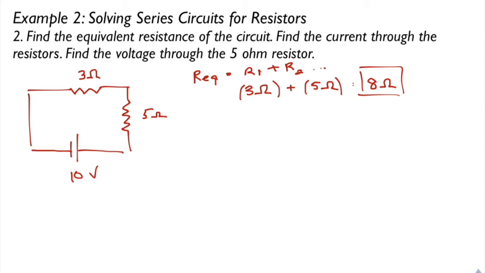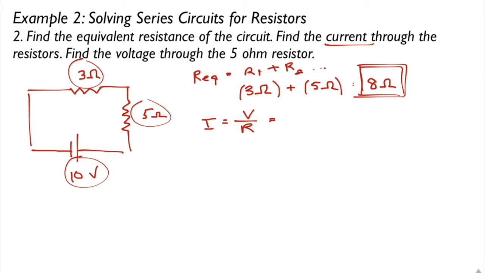So now if we want to find the current through the resistors, I know for series circuits that current remains the same regardless of where you're at in the circuit. And so if current remains the same between both resistors, I can just solve using the equivalent resistance and solving for the current from that using the 10 volt battery. So the Ohm's law equation for current would be I equals V over R once again.